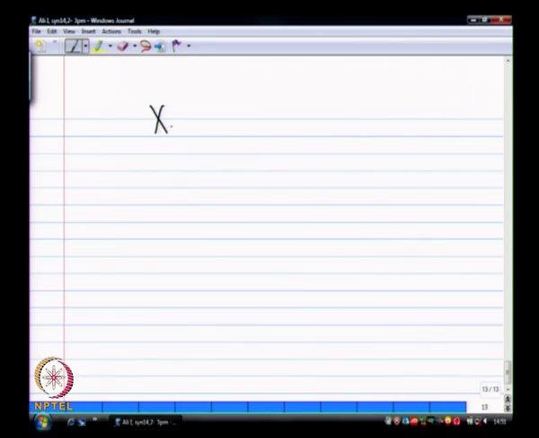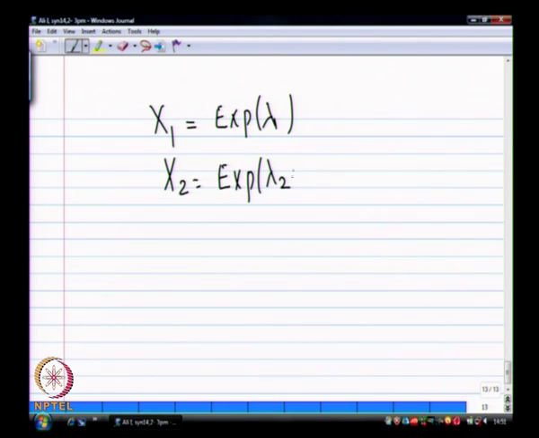If x1 is exponential with rate lambda 1 and x2 is exponential with rate lambda 2, so 2 events taking place, and I define x to be the min of x1 and x2, what was x then?